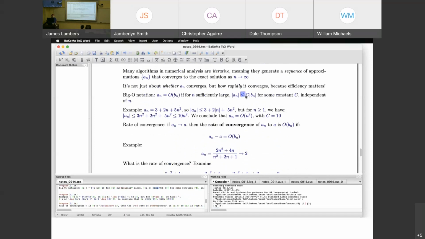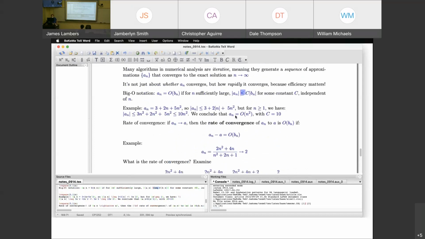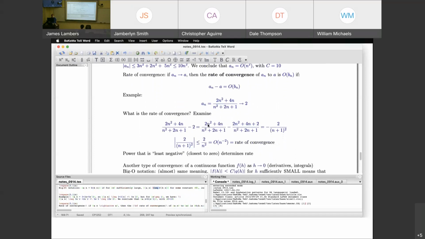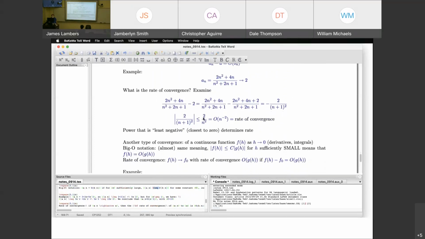Now, if you're thinking that actually they have the same order, in this case, if I've made this sharp or sufficiently sharp, then yes, I can say that this is big O of this.